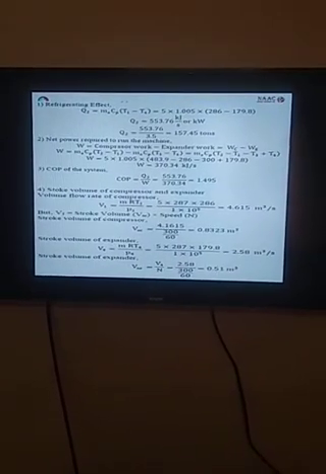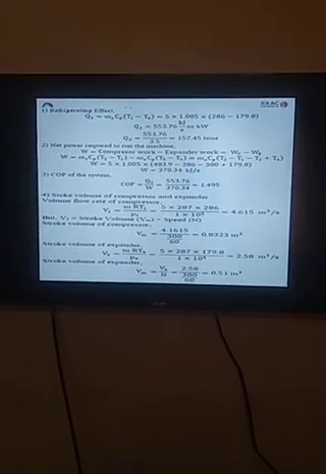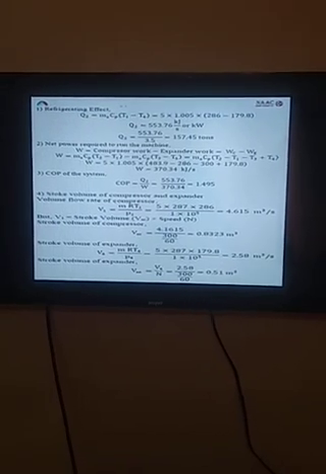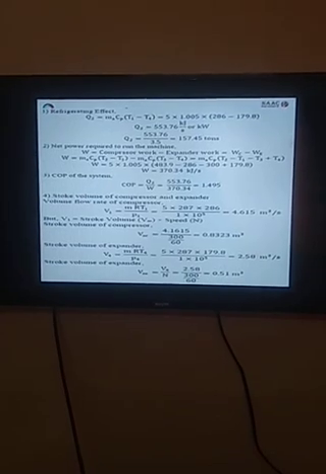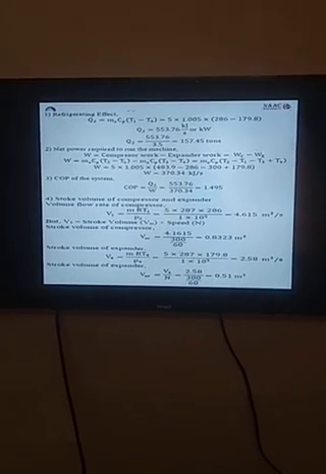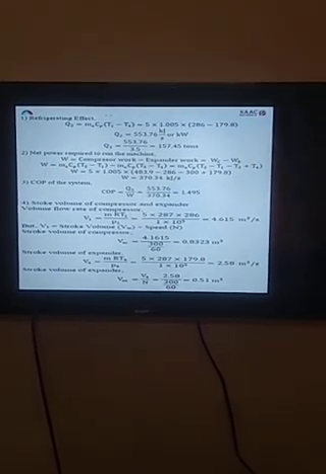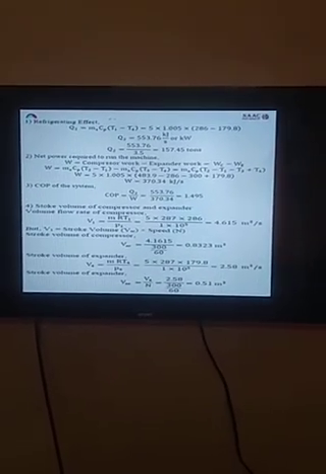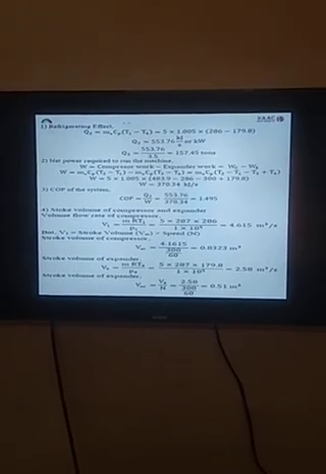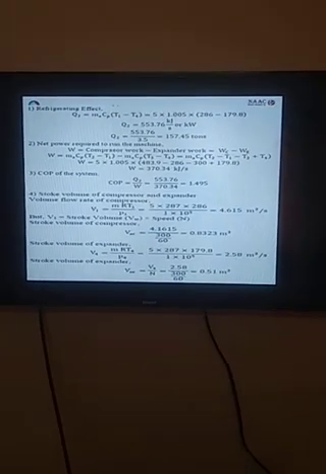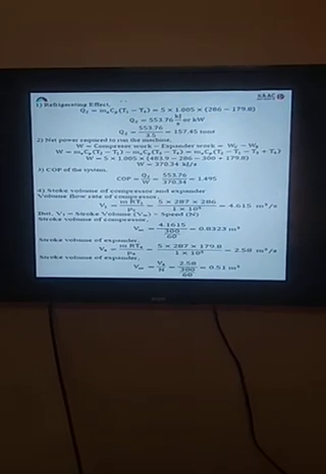Again, this stroke volume for the expander is calculated as V4 divided by speed. The same speed, which is 300 rpm, we need to convert into rps, and this is done by dividing it by 60. Hence V suffix CE is equal to V4 divided by N, which is equal to 2.58 divided by 300, divided by 60. So the final answer of stroke volume for the expander is 0.51 meter cube.